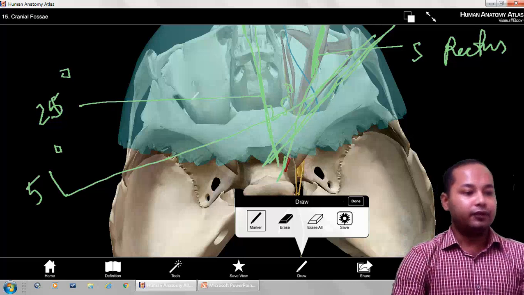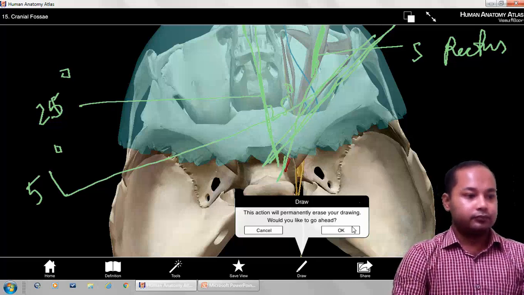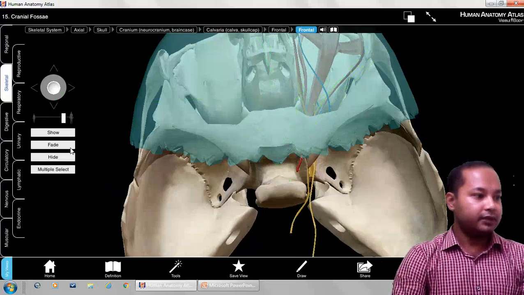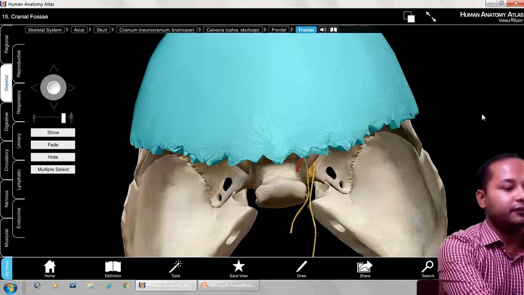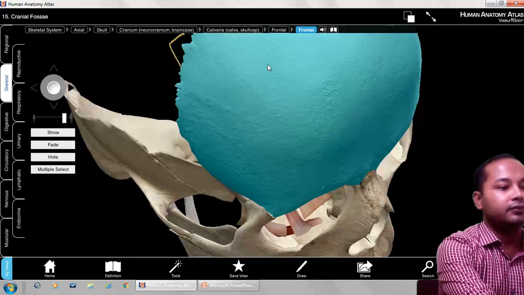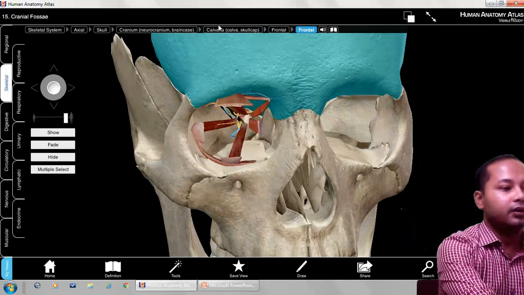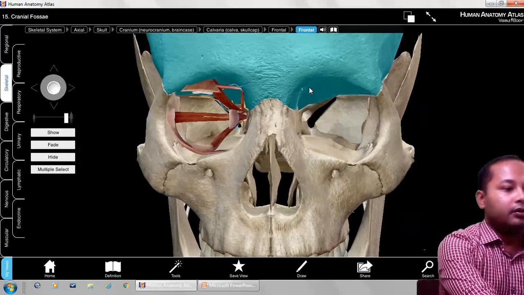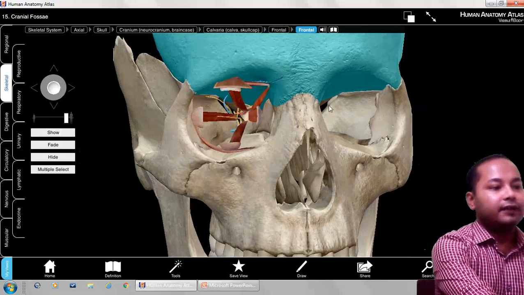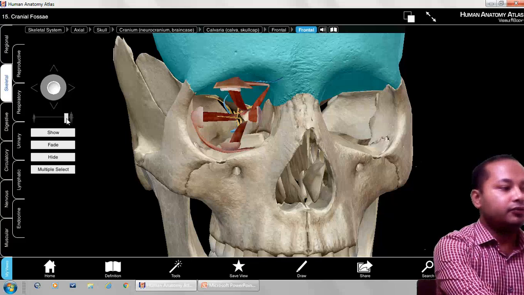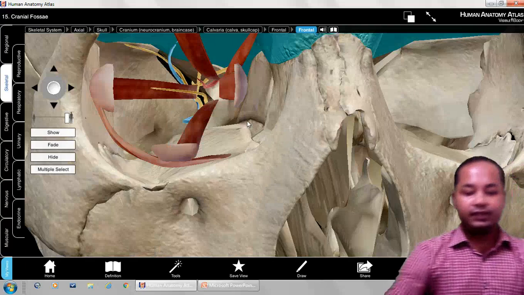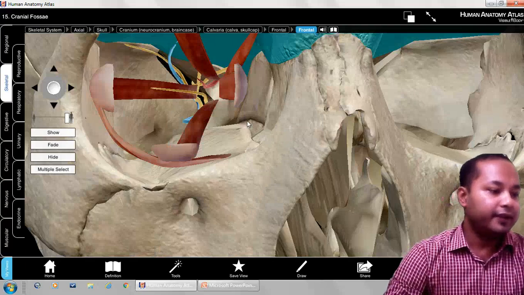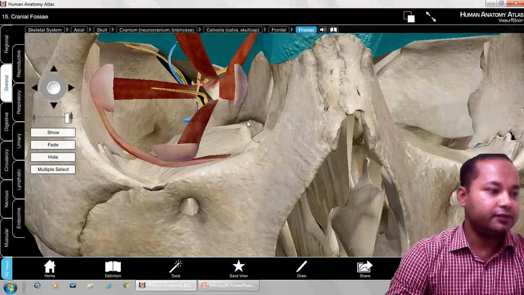Okay, so moving forward. I will make this show again and let me move it towards the front. So what I was about to tell was one more thing: when you see this ring, this is the common tendinous ring.